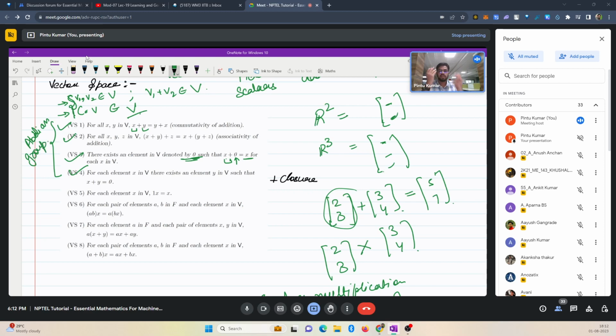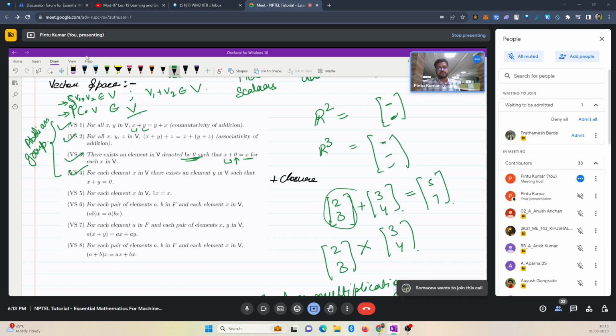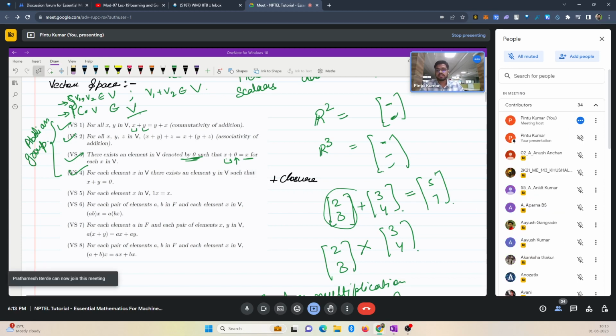If you combine all these 4-5 properties that I have told you till now, they fall under an umbrella called abelian group. So an abelian group would have the closure property. It would be commutative, associative, and it would have a zero element and an additive inverse. These are the 4-5 properties.